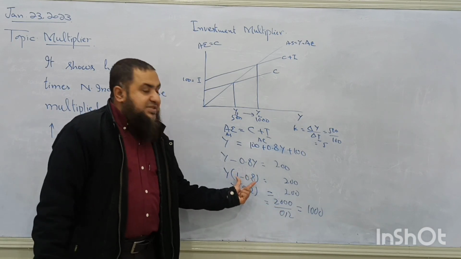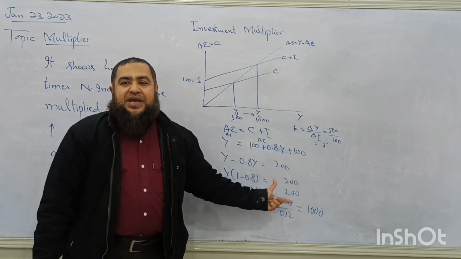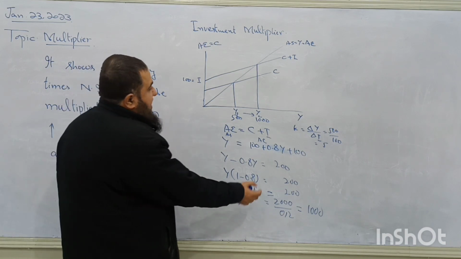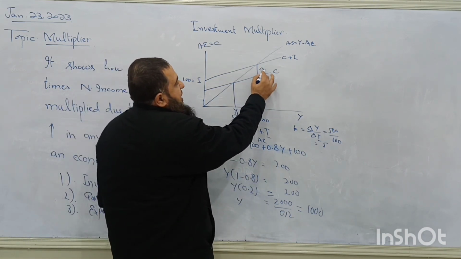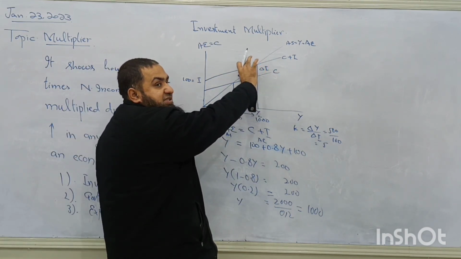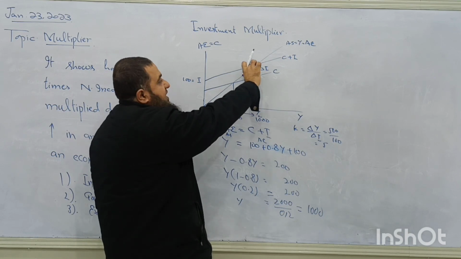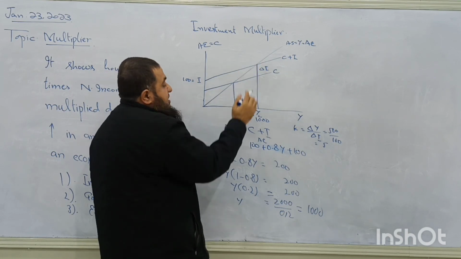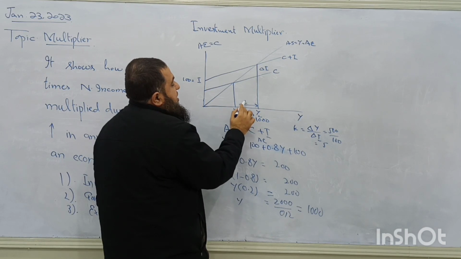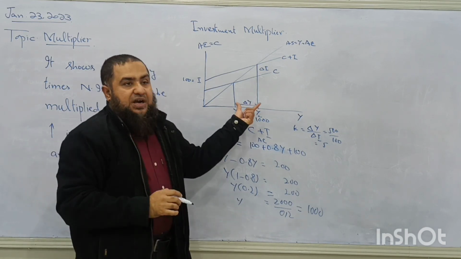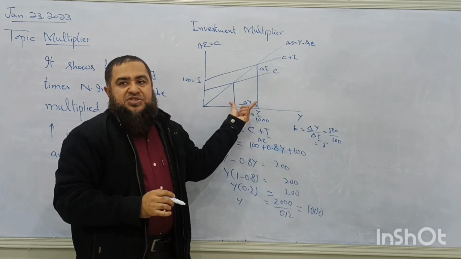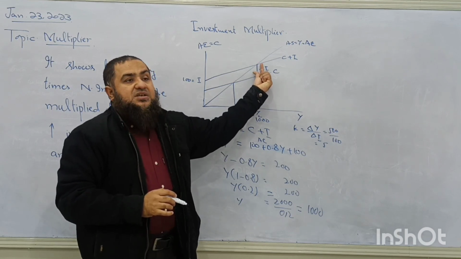So what is this point? MPS. 1 minus MPC is MPS. If we find this, this is the multiplier. Change in investment is this vertical distance. Be attentive. This vertical distance is the change in investment and this is the change in income. Divide graphically the change in income distance by the change in investment.